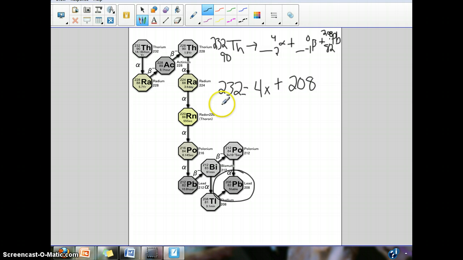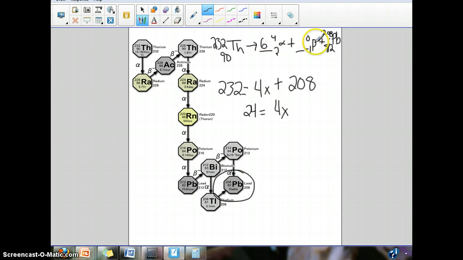All right, 232 minus 208. Okay, that gives us 24, and that's still equal to 4x, so x is going to be 6. So we have 6 alpha decays going on here. Okay, so that's 1, 2, 3, 4, 5, and 6. Okay, so either way you would have went, you would have ended up with 6 alpha decays.